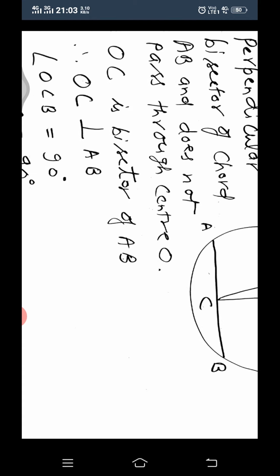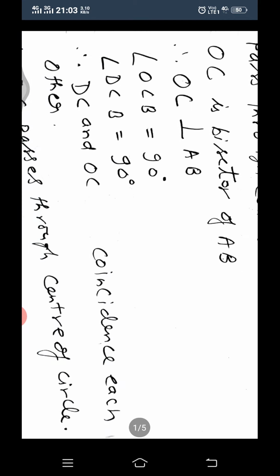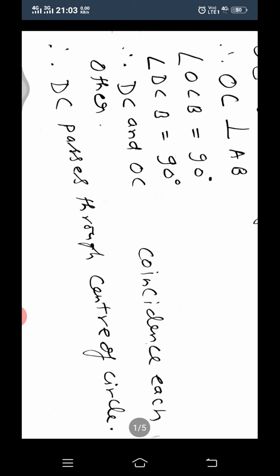Therefore, DC and OC coincide with each other. It means they lie on each other. They are overlapping. When they are overlapping, it means DC will pass through the center of the circle. This we have to prove.